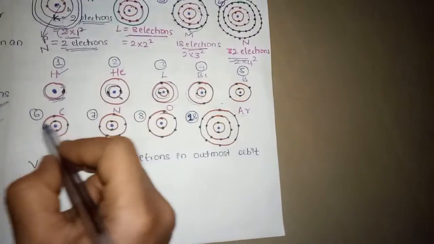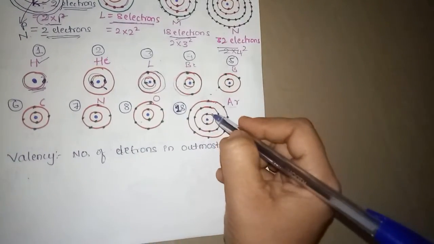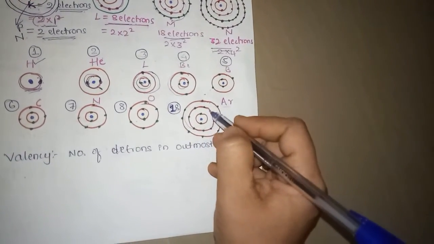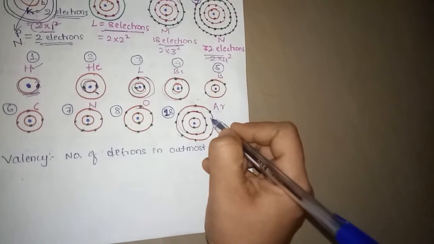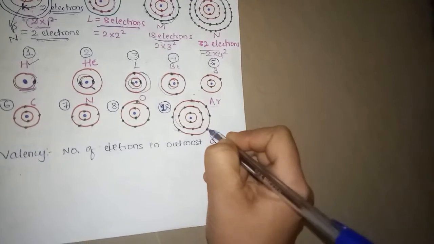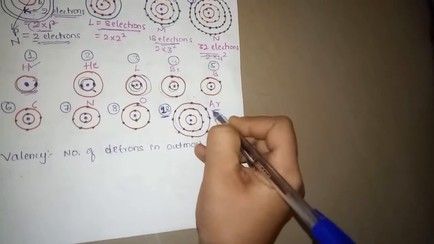So on, till it completes 8 electrons. As it completes 8 electrons inside, then the third orbit is going to be taken, because it needs another orbit to store the electrons. Now I have taken the 18th atomic number, which is argon.